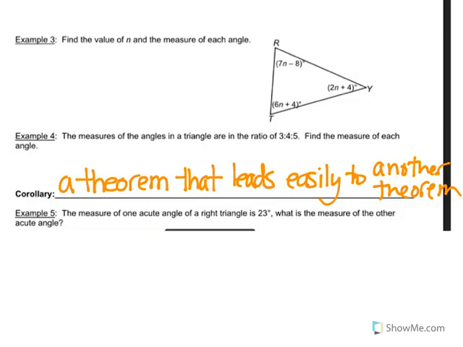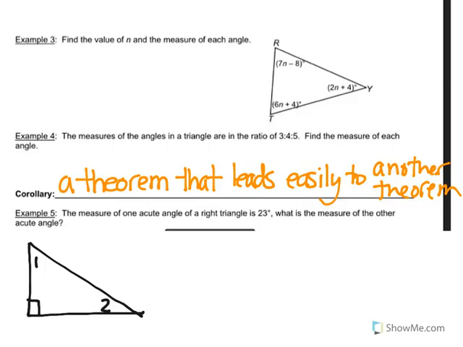So it says the measure of one acute angle of a right triangle is 23 degrees. What is the measure of the other acute angle? So let's first of all draw our right triangle. I'm going to draw a right triangle, put my little right angle there, and let's say that we label these angles 1 and 2.